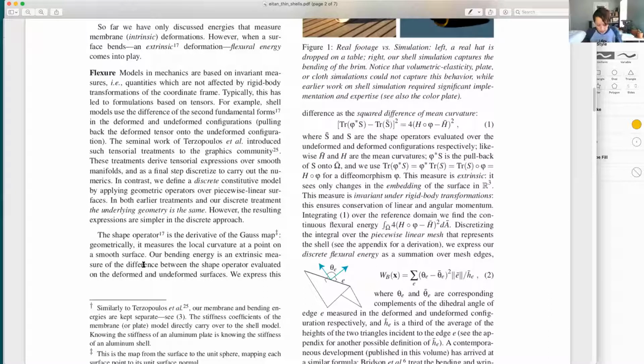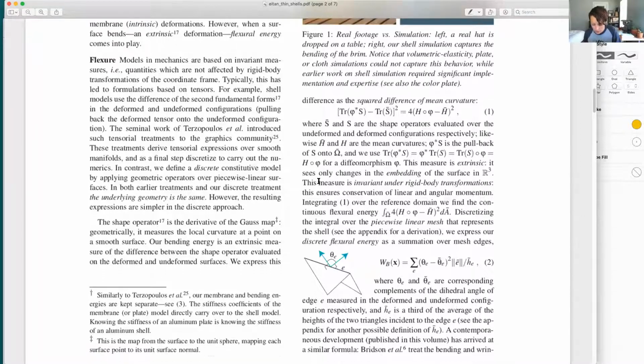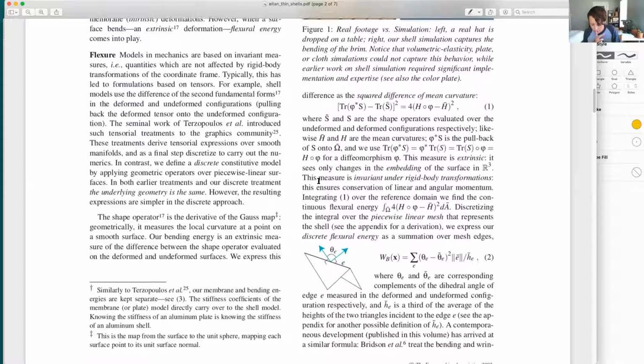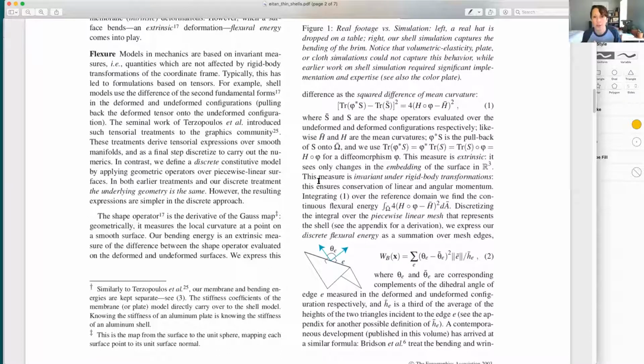And that bending energy is going to be expressed as the difference of mean curvature between the starting configuration of the surface and the deformed configuration of the surface. So that's what this expression is saying. I want to look at the embedding of this surface in R3, and I want to see how much it's changed from my rest configuration, and I want to minimize that bending energy.